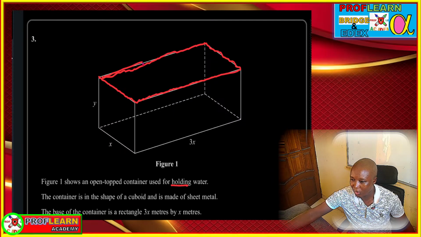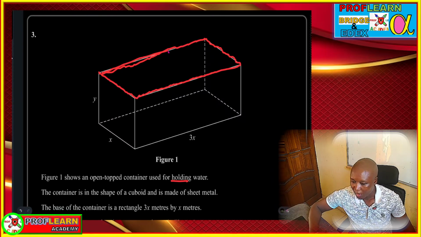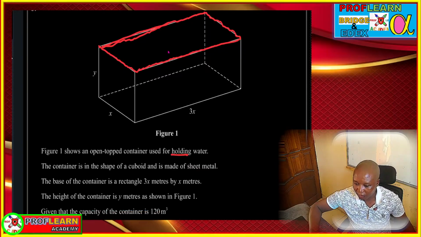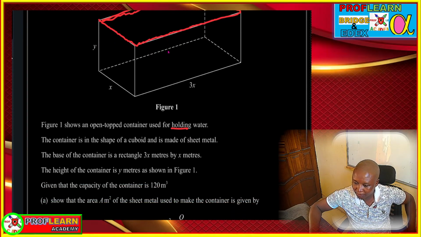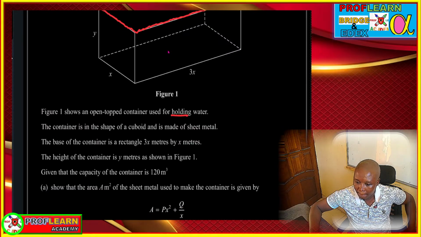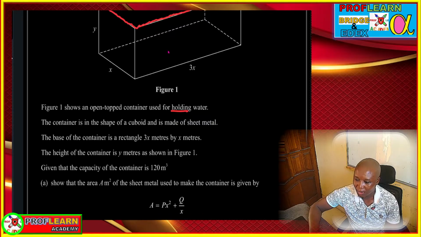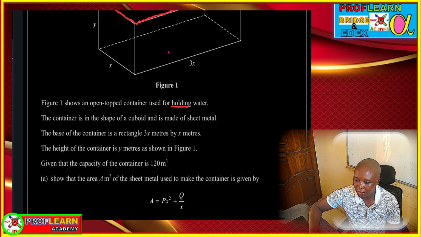Then the base of the container is a rectangle that measures 3x by x, so we can find the area of the base. And the height is y. Given the capacity is 120, the volume is going to be 120. So that is key. That is important.